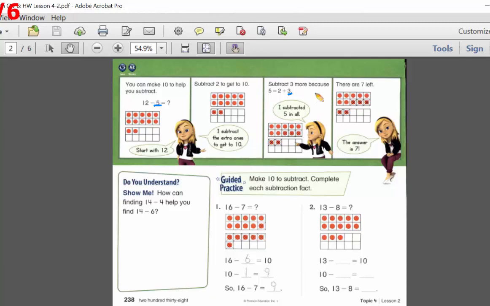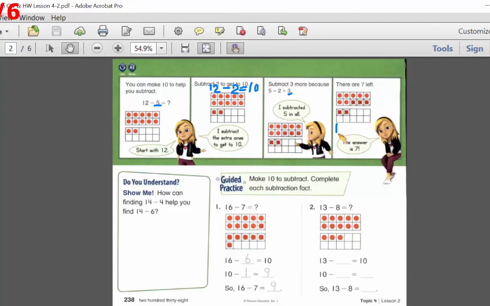Why 7? We want to make 10. So 12 minus 2 equals 10. And then we will subtract 3. Yes, 3 more. Can you see I crossed out here 3 more?